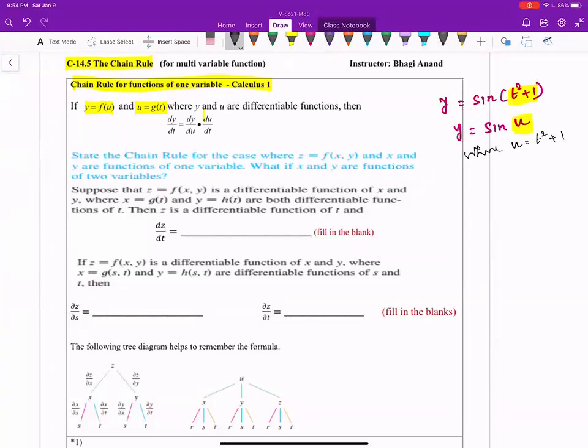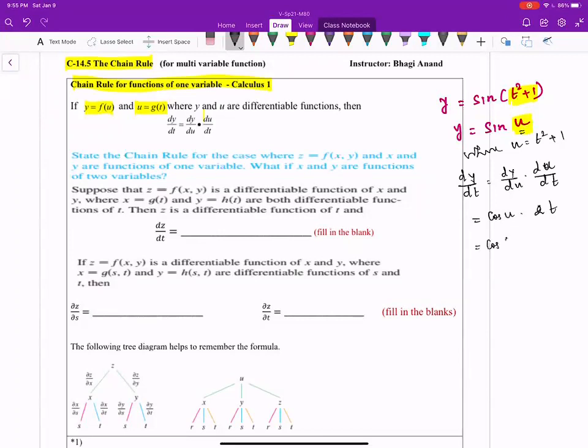So ultimately, y becomes a function of t through the variable u. When you differentiate dy by dt, you first differentiate with respect to u, and then you differentiate u with respect to t. So it becomes cosine u, which is the outer derivative, times the inner derivative, which is 2t.